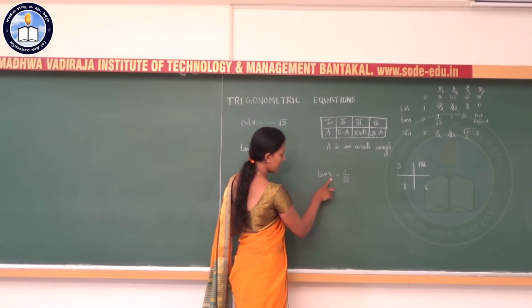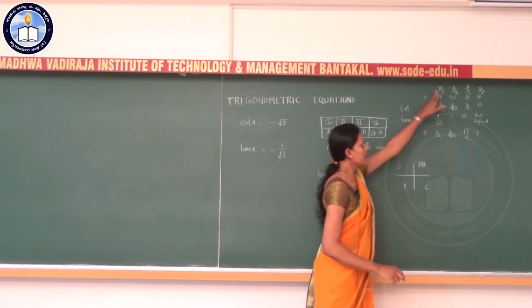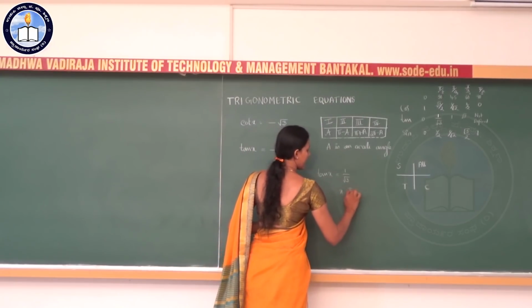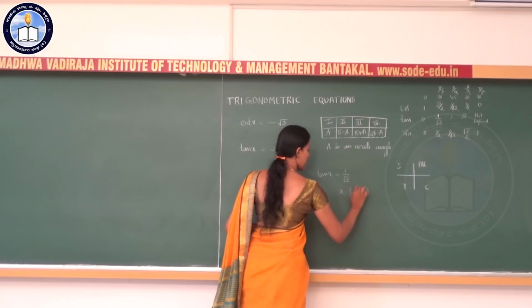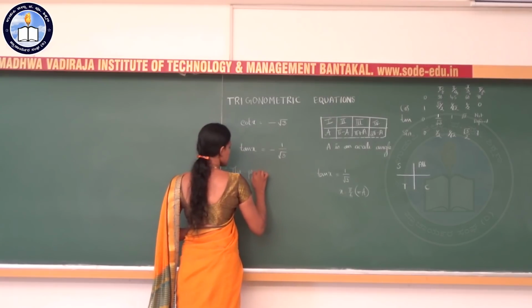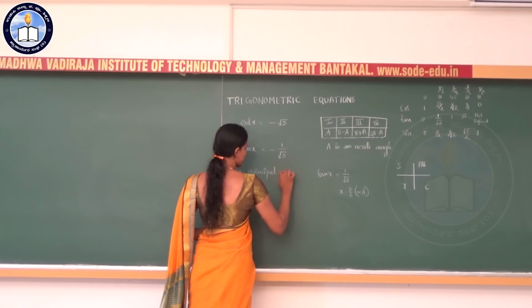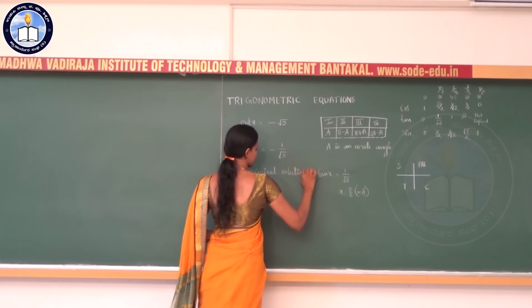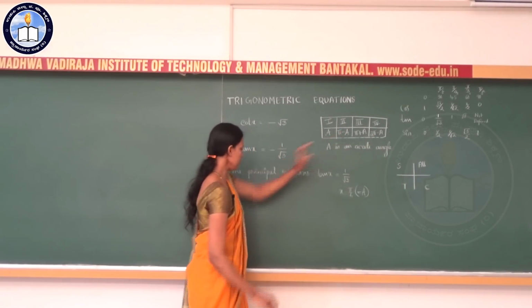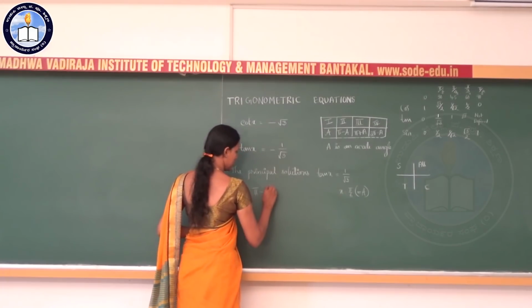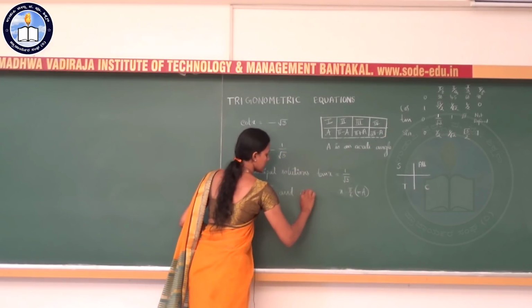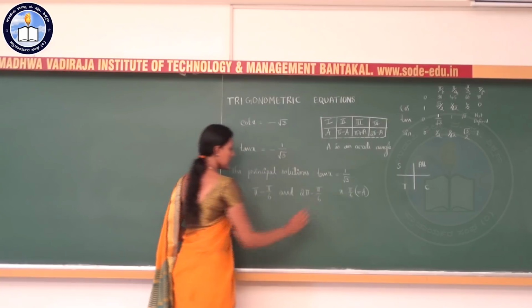So, what is x then? Tan of pi by 6 is 1 by root 3. So, the acute angle is pi by 6. Therefore, the principal solutions are in the second and fourth quadrant. So, they are pi minus the acute angle pi by 6 and 2 pi minus a, 2 pi minus pi by 6.